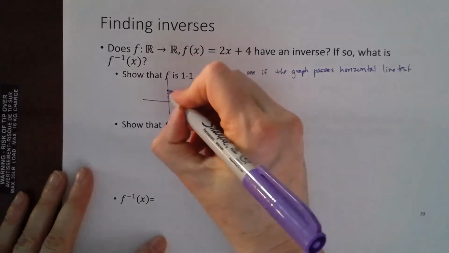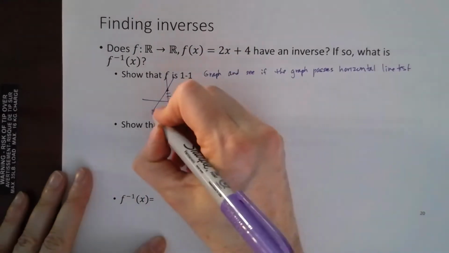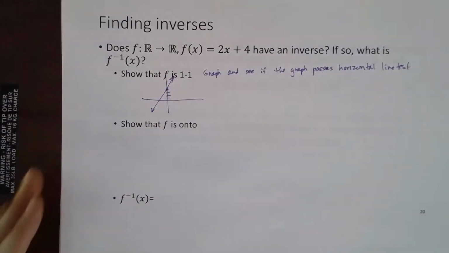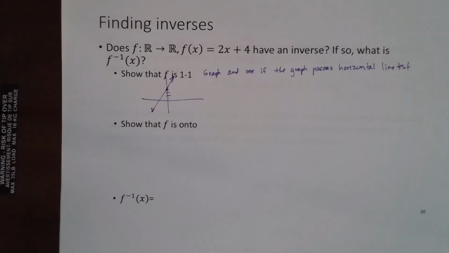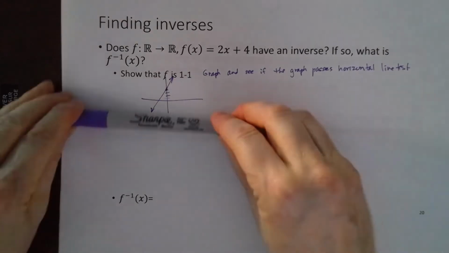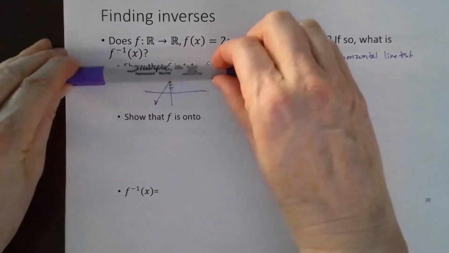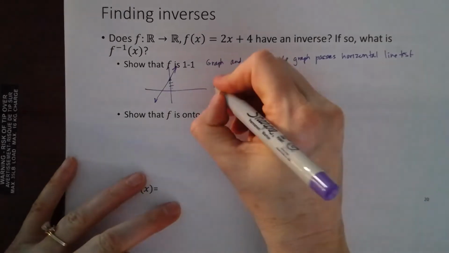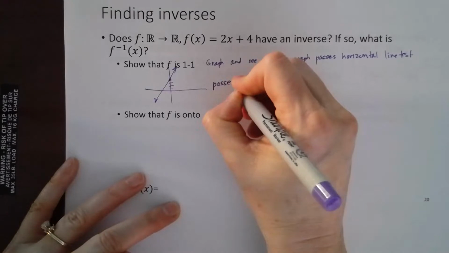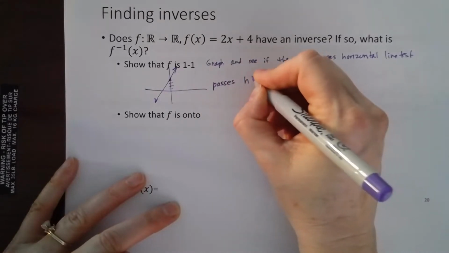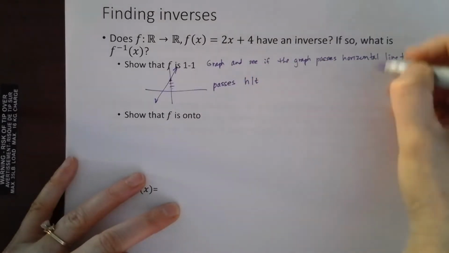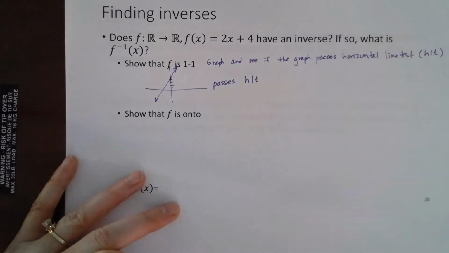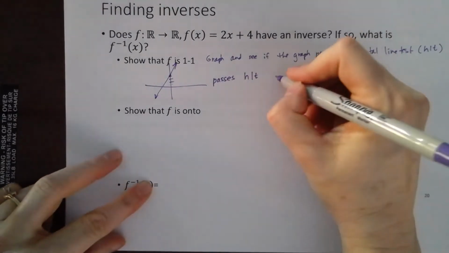However you want to think of it. But yes, you have this line that goes like this. And if I take any horizontal line, no matter what it is, can it ever intersect that more than once? No. So it passes the horizontal line test. I'm just going to write HLT, horizontal line test, so I don't have to write that out again. So it's one-to-one.